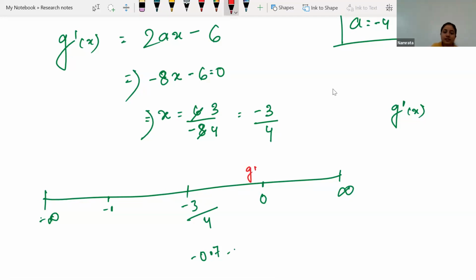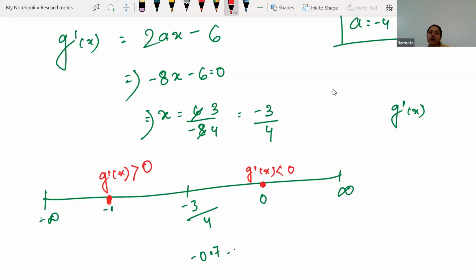Here g'(x) is lesser than 0. This is the test point I have taken. Now for the other part, if we take −1 as the x value, −8 into −1 is positive 8, minus 6, so g'(x) will be positive over here.